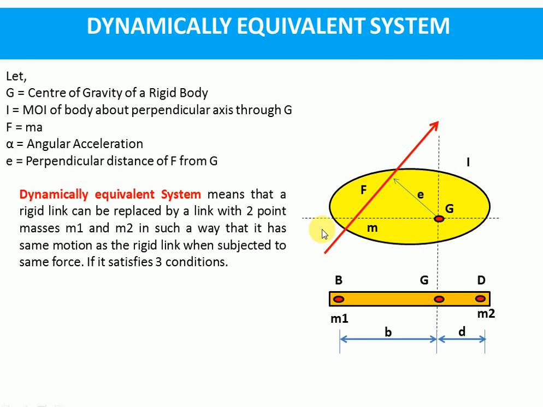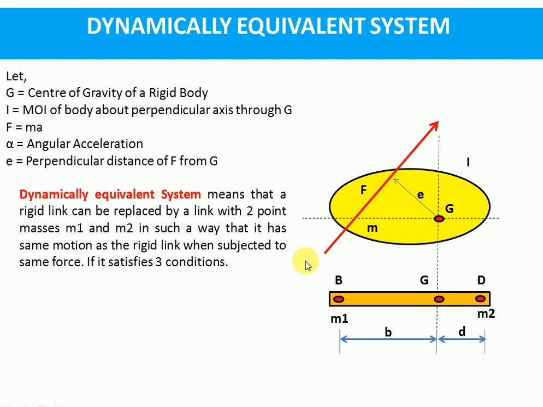That means if we have a rigid link of mass m having center of gravity at G and moment of inertia I, and it is replaced by a massless link having 2 point masses m1 and m2, at distances of small b and d from the center of gravity, then this massless link will have the same dynamical properties as the rigid link.